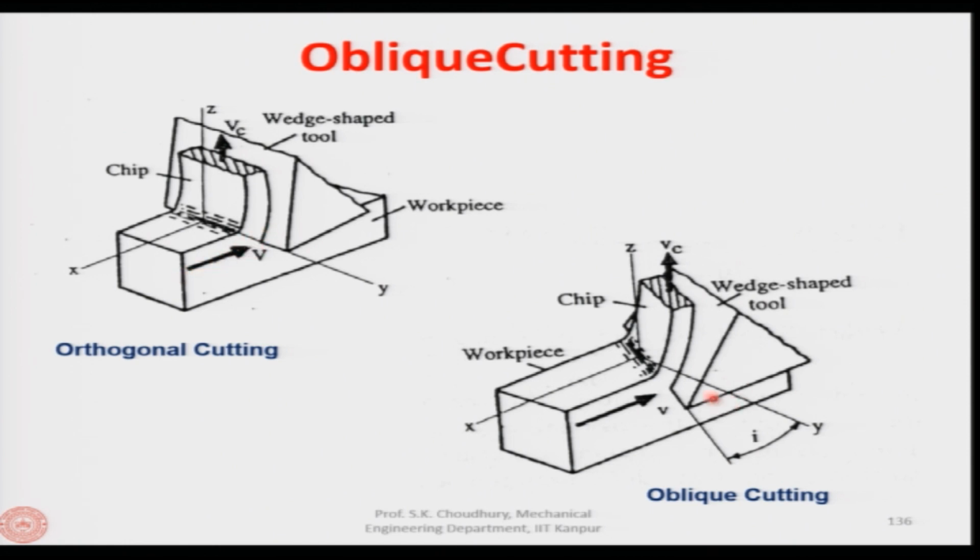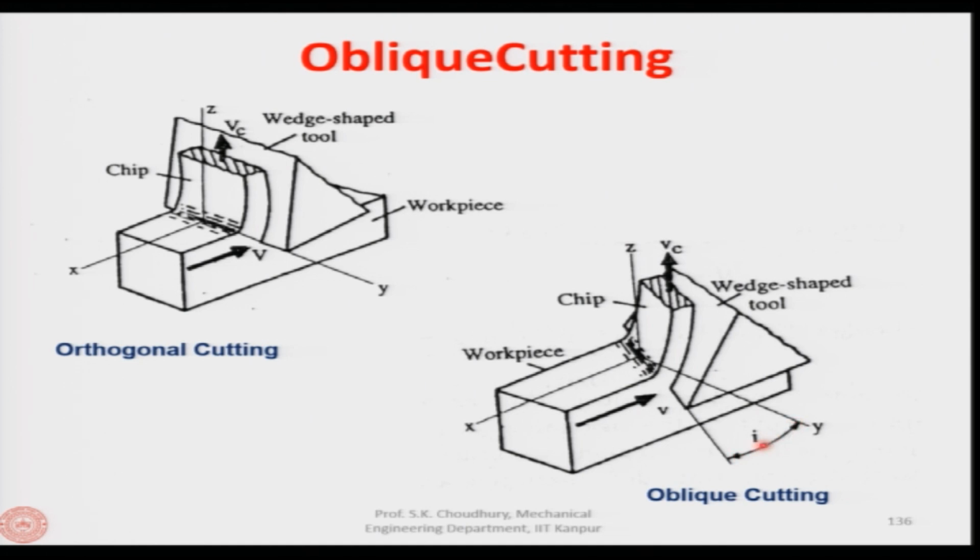In oblique cutting, the tool is inclined at an angle, and it does not make a 90-degree angle with the cutting velocity vector. So, we say that this cutting edge is inclined with respect to the y axis by an angle of I.